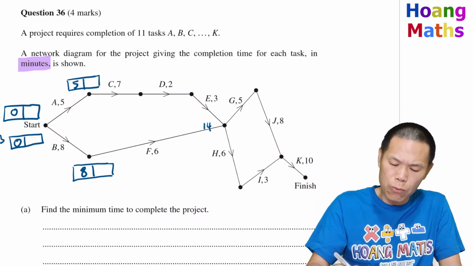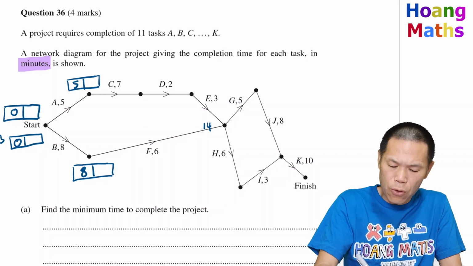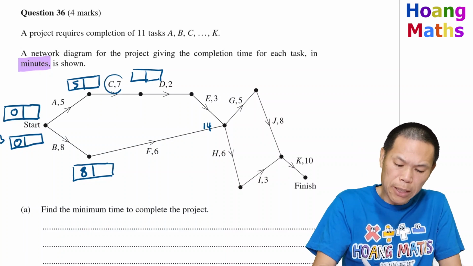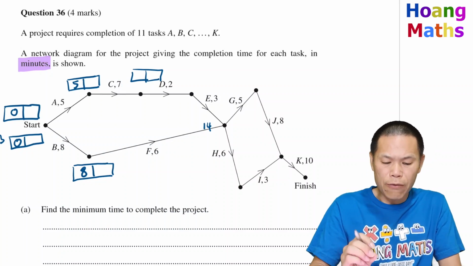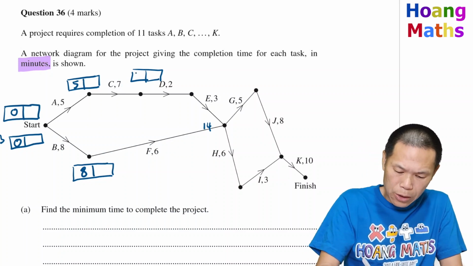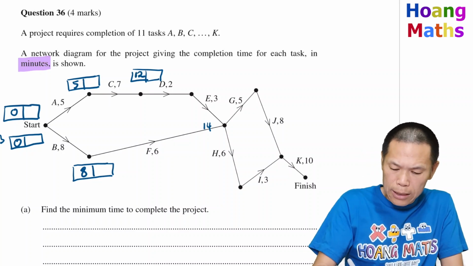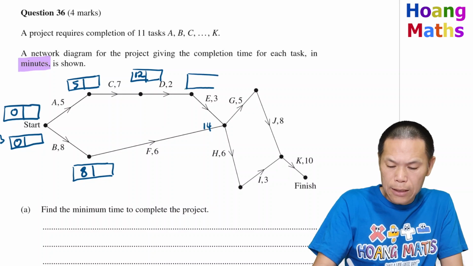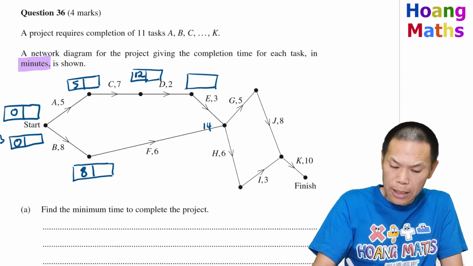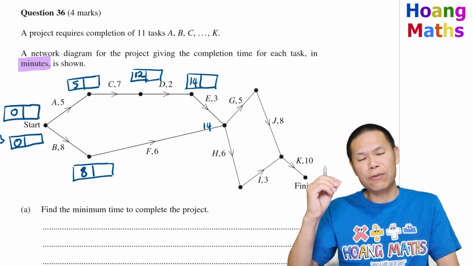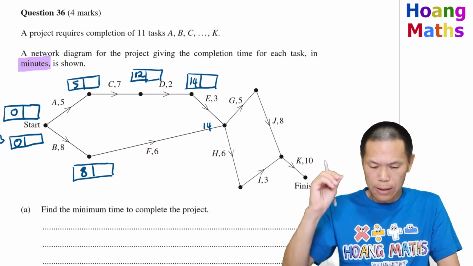To work it out, we first work out the time for starting activity D. To start on activity D, we need to complete activity C. So 7 plus 5 is 12. Then we can start on activity E when activity D is complete. So 12 plus 2 gives me 14. Now to complete activity E, 14 plus 3 is 17.